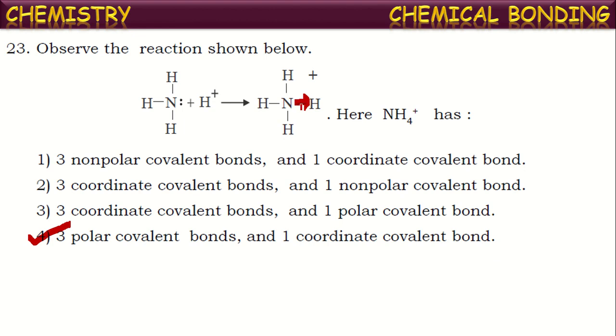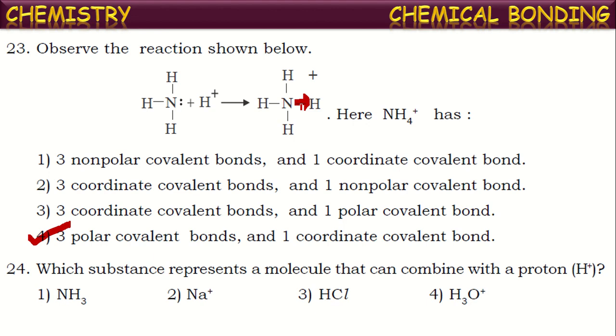Okay, next. Which substance represents a molecule that can combine with a proton? That means the molecule or atom which has a lone pair of electrons on its central atom can combine with a proton or H+ ion. Observe the molecules given here; which has a lone pair of electrons on its central atom?